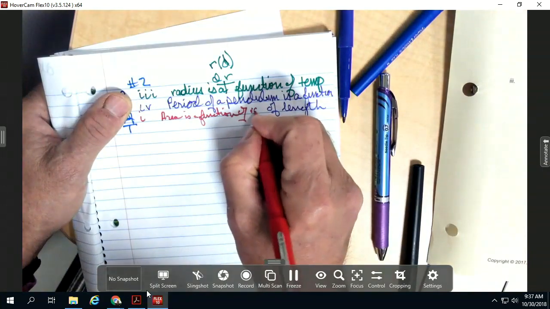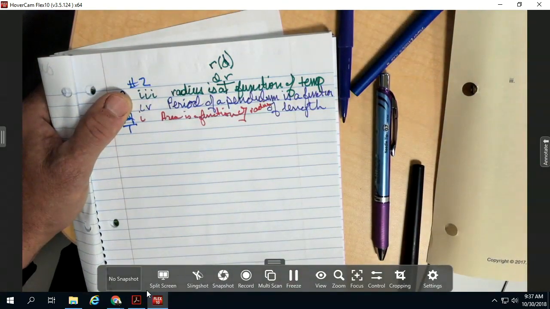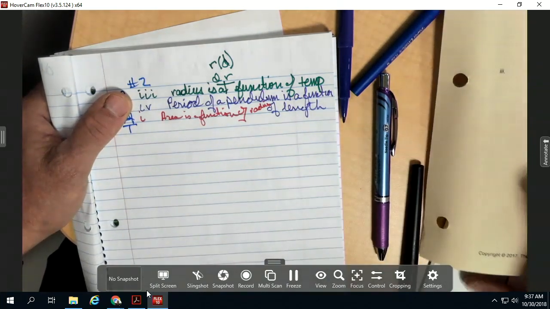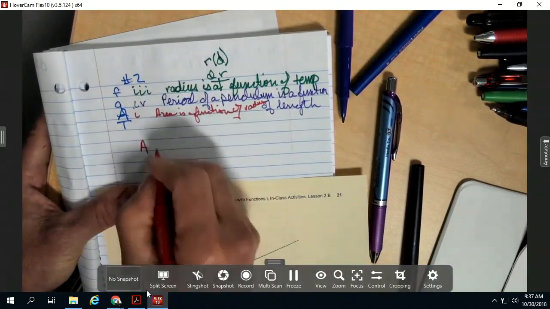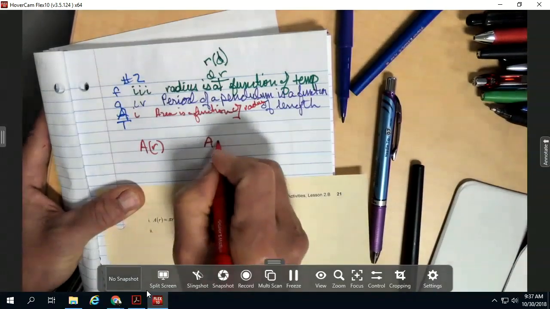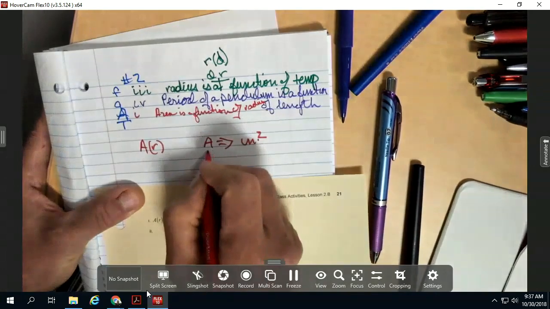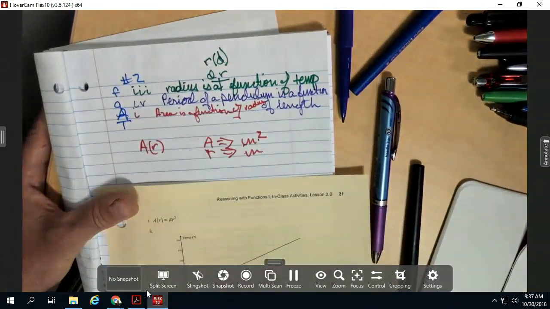Radius. Is it missing anything? Maybe you could put in inches or something. Like you could write area as a function of r. Area is in inches squared and radius is in inches. I don't know.